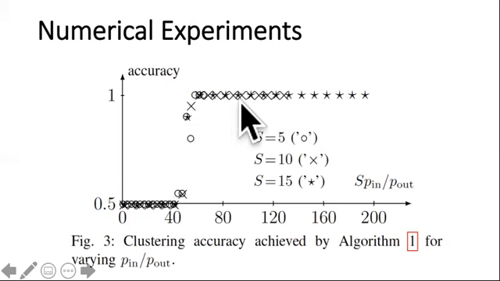These curves are obtained for different choices for the number of labeled nodes per block. But if we scale this number of labeled nodes per block by the ratio of the SBM probabilities, we make these curves lie on top of each other, which confirms our insight that the relevant parameter is the product of the number of labeled nodes per block, S, times the ratio of the probabilities.